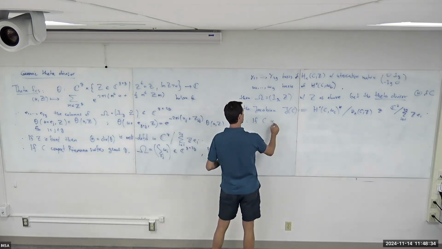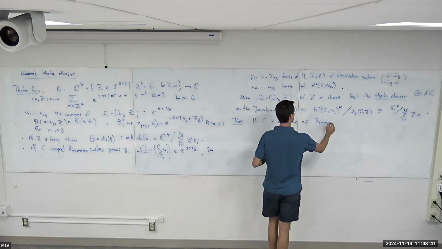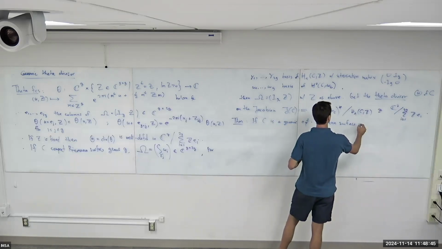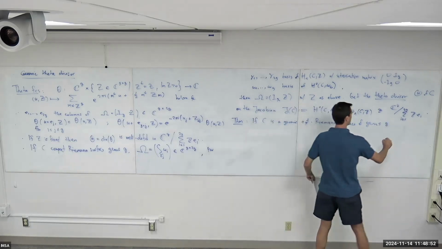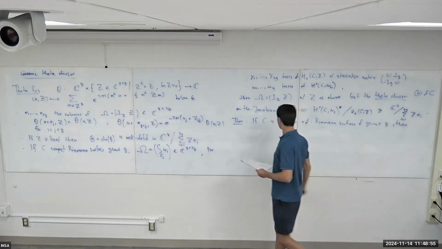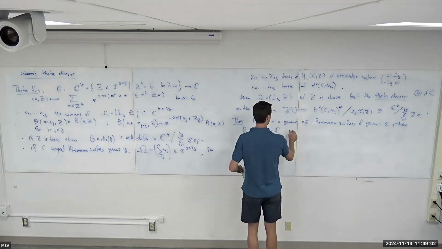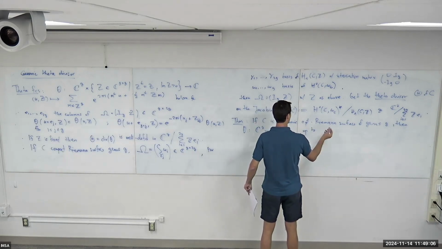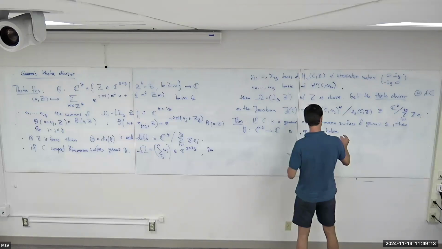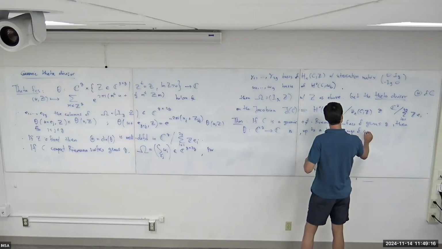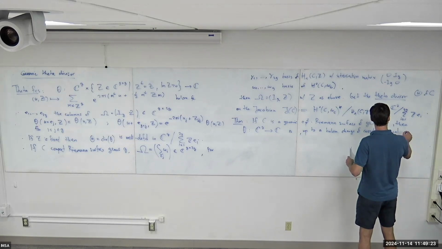If C is a generic compact Riemann surface of genus g, so I fix the genus, then its associated theta function is, up to a holomorphic change of coordinates, equal at every point.